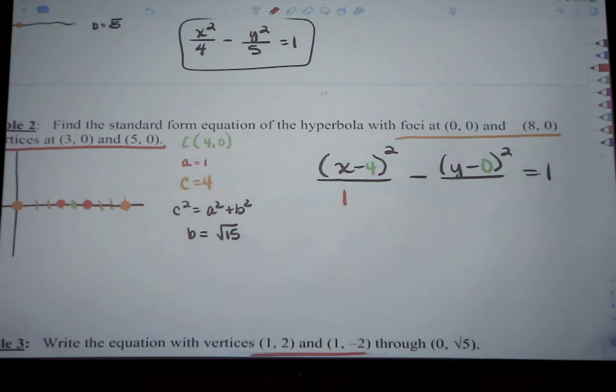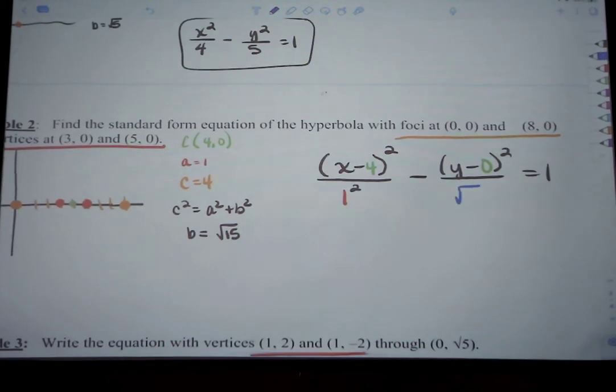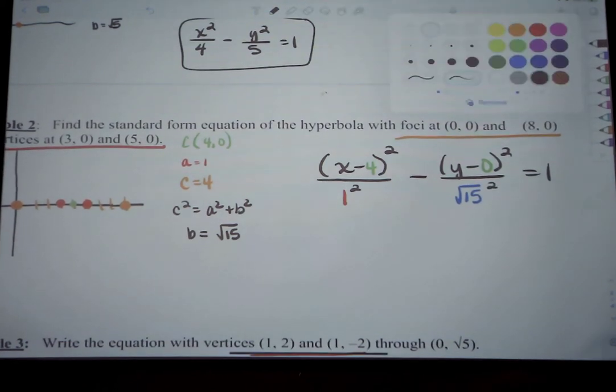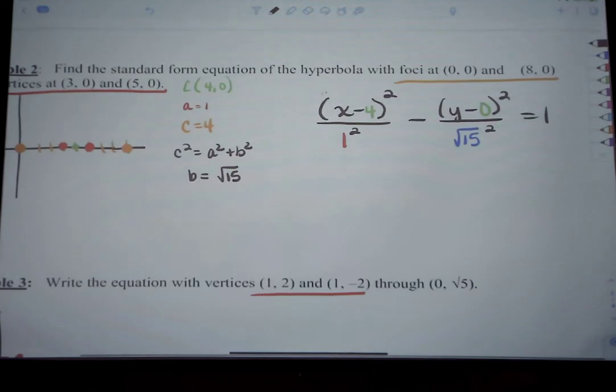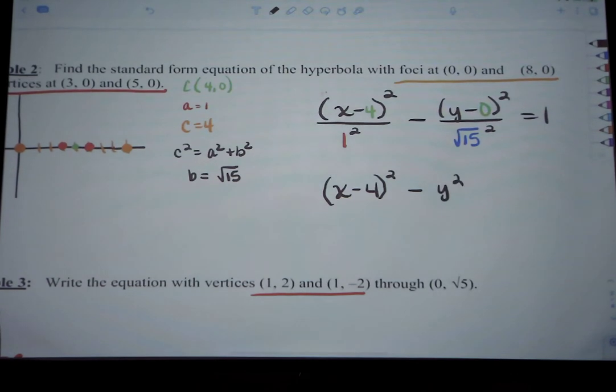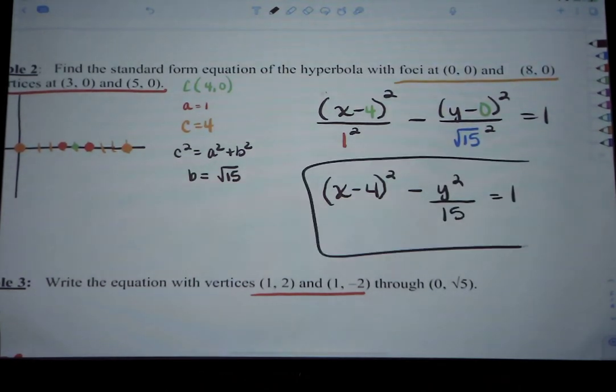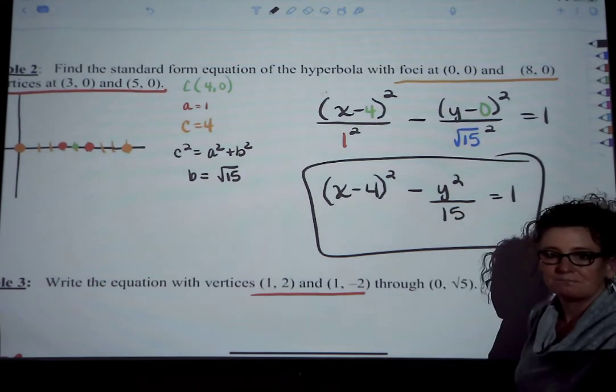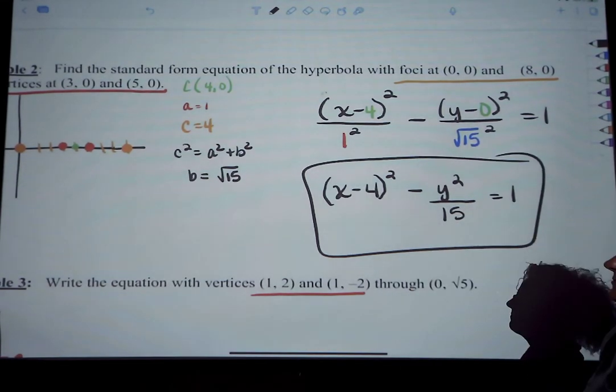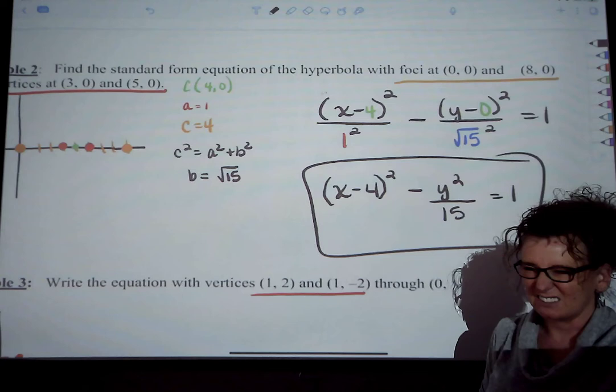A was 1. B was radical 15. Final answer. That's the simplified version. I mean, you can put the over 1, but that's kind of silly.